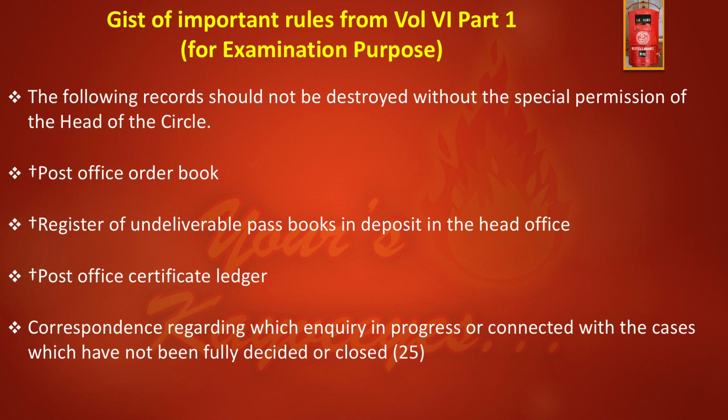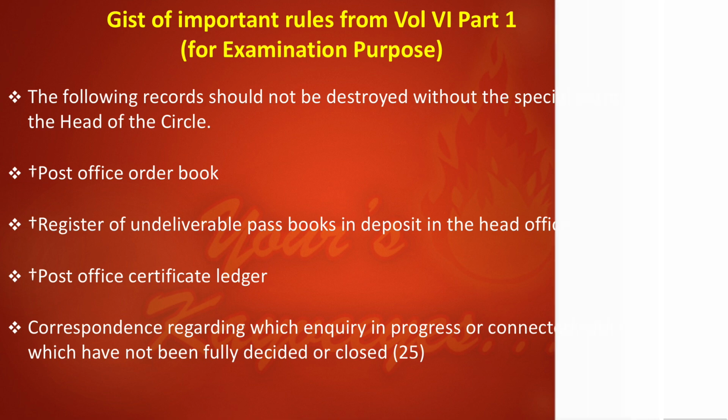Post office order book, register of undeliverable passbooks in deposit in head office, post office certificate ledger, and correspondence regarding which inquiry is in progress or which is connected with cases not fully decided or closed. This is Rule number 25.